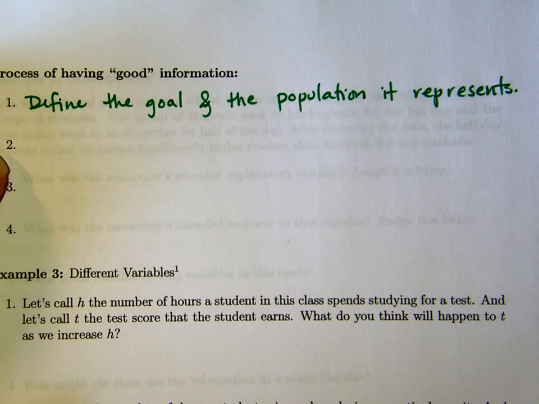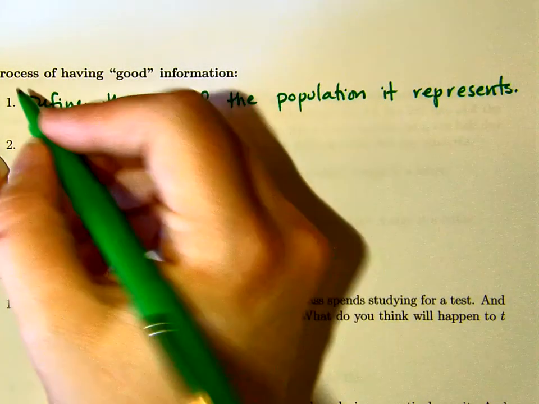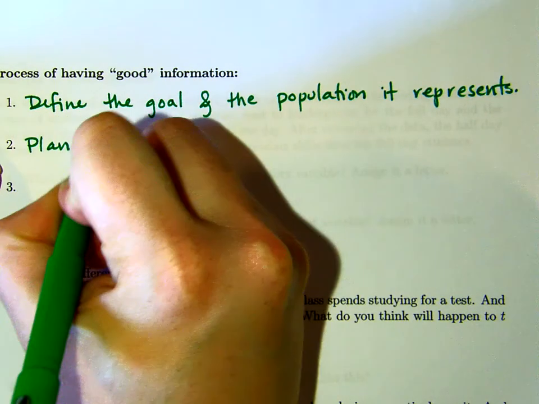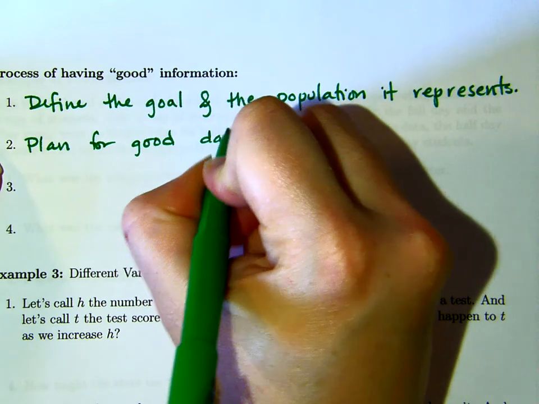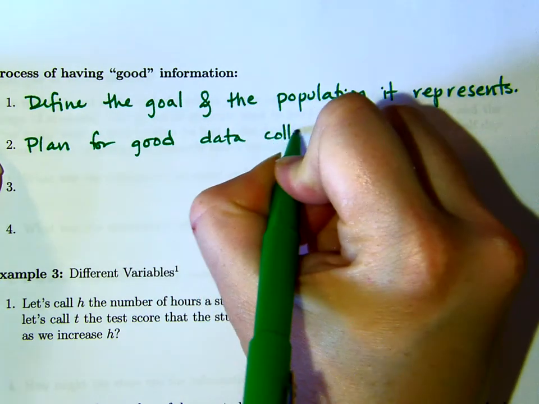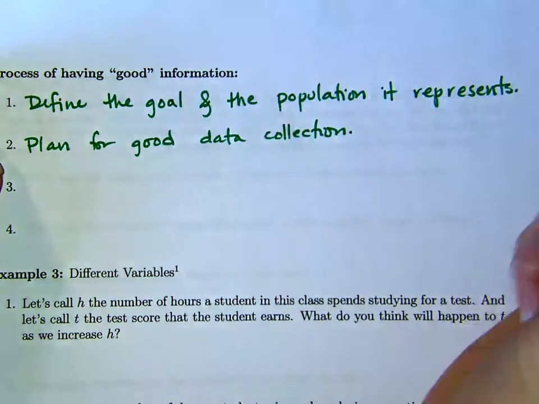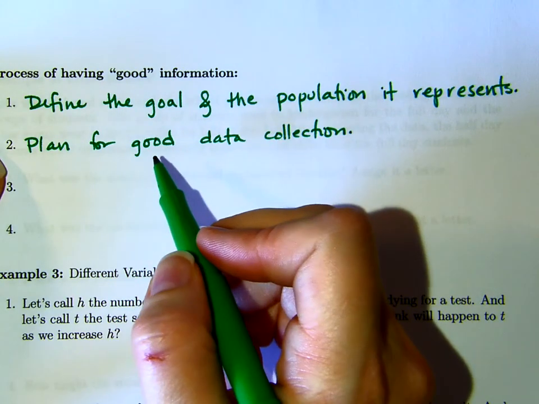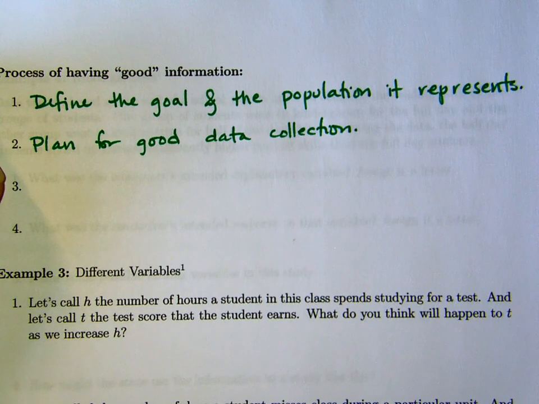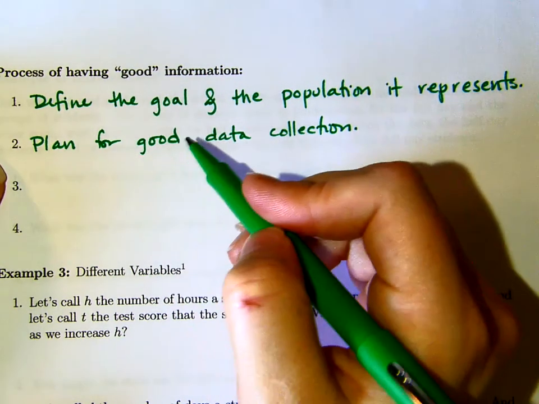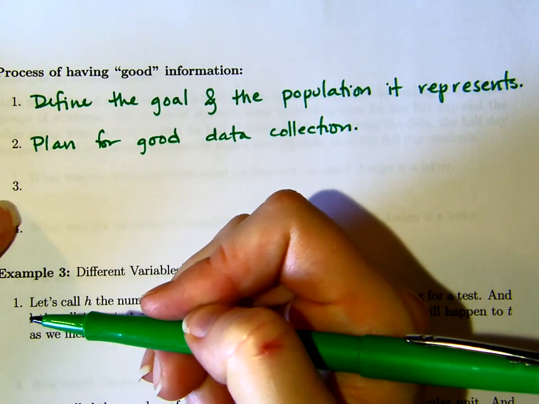Number 2, plan for good data collection. Okay, and I write good on purpose. Everyone will judge you on this part of the process. If you collect bad data, they're just going to throw it out.